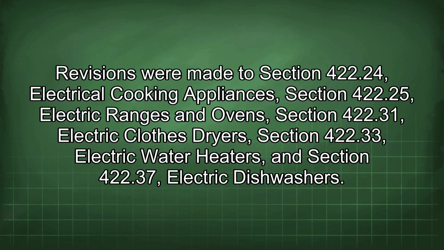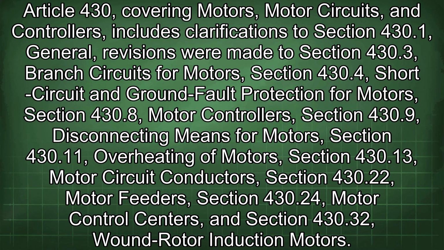Revisions were made to Section 422.24, electrical cooking appliances, Section 422.25, electric ranges and ovens, Section 422.31, electric clothes dryers, Section 422.33, electric water heaters, and Section 422.37, electric dishwashers. Article 430, covering motors, motor circuits, and controllers, includes clarifications to Section 430.1, general.